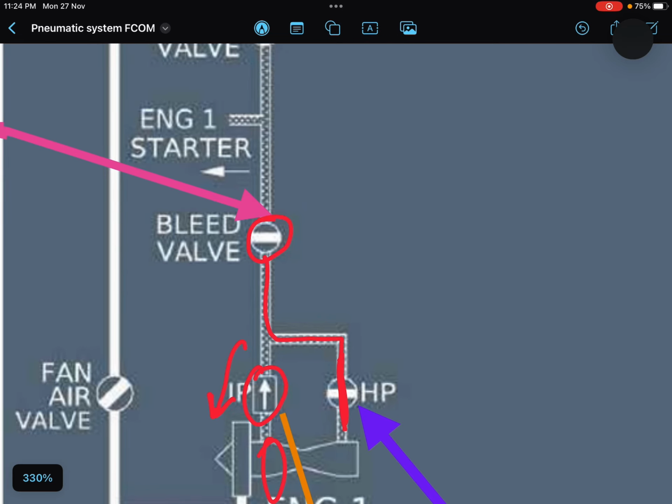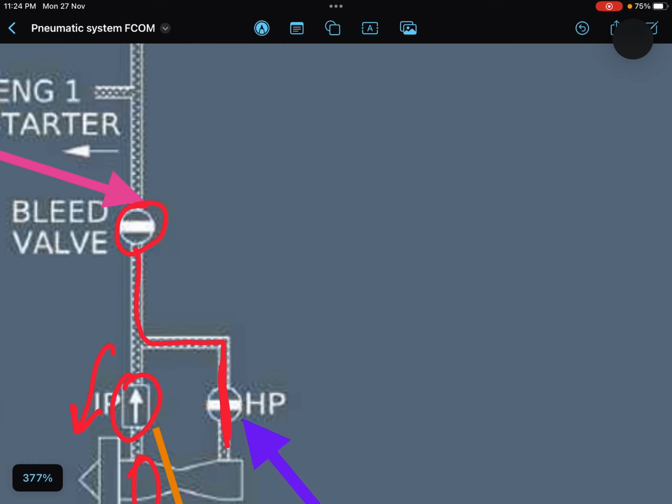Now comes this bleed valve, a very important valve of this whole pneumatic system. This bleed valve is also called the pressure regulating valve. This is also called the shut off valve, right?